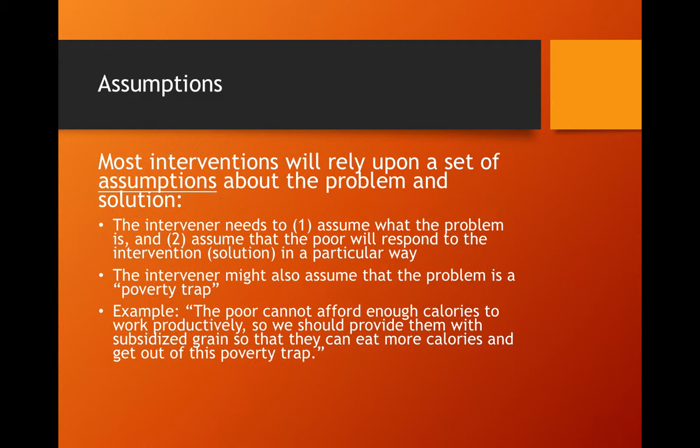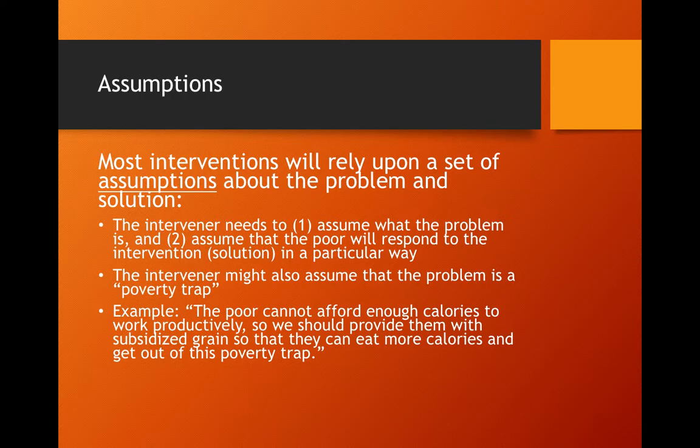And we'll also be trying to understand and question the assumptions that an intervention makes. So any intervention is going to make a number of assumptions. When I say on this slide the intervener, I mean whoever is designing and implementing the intervention. Maybe it's a foreign actor, maybe it's a government, maybe it's an NGO, a local NGO. If someone's providing free grain to the poor, then they are an intervener.